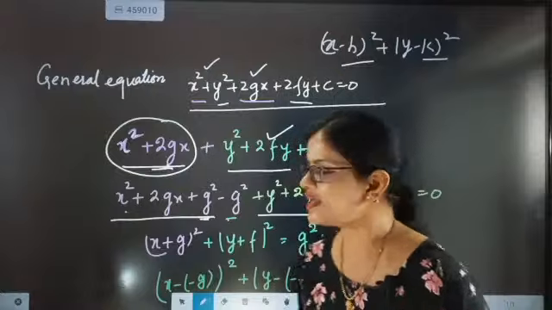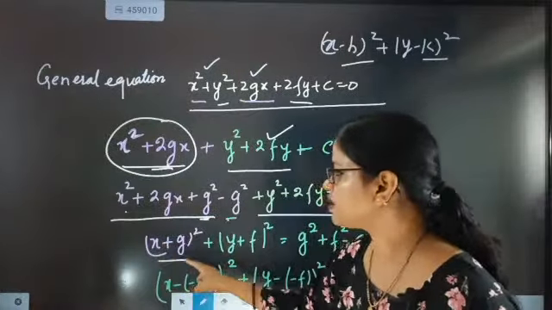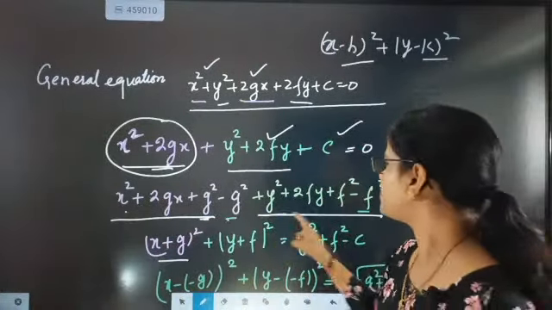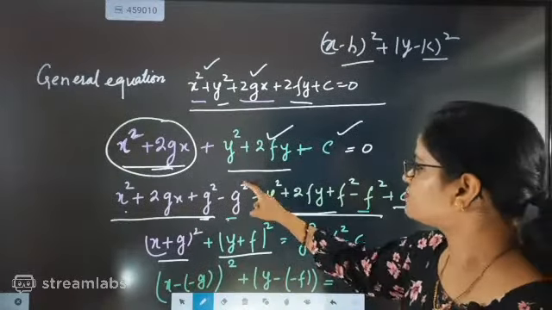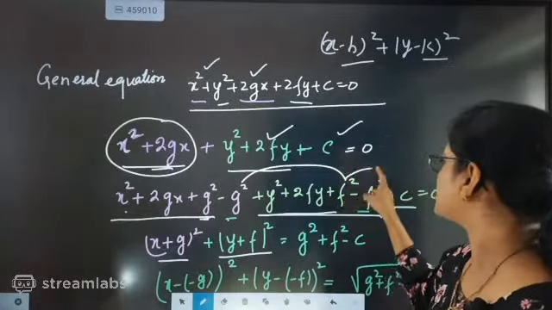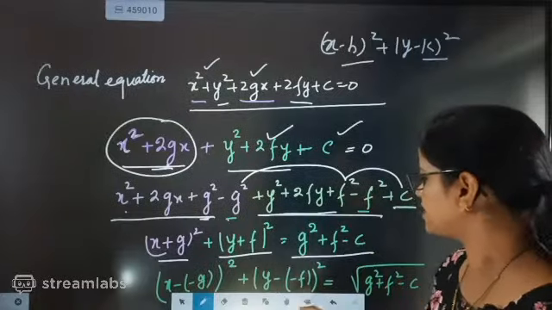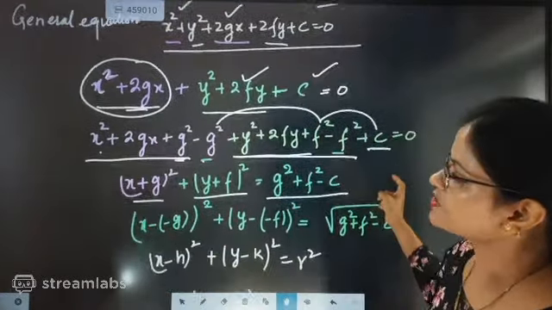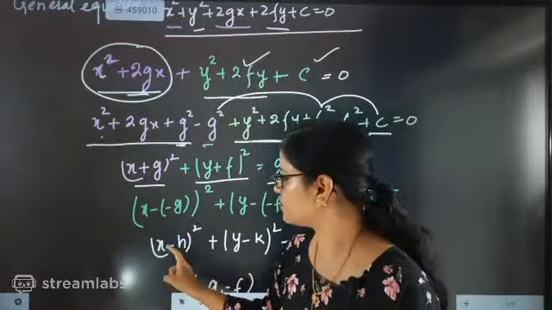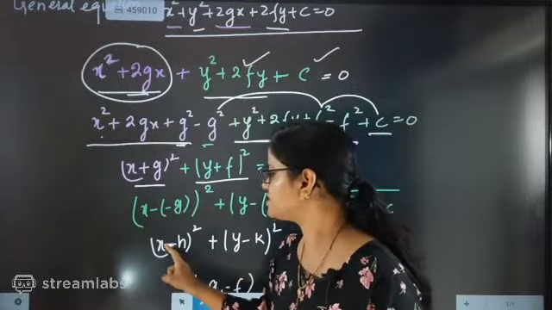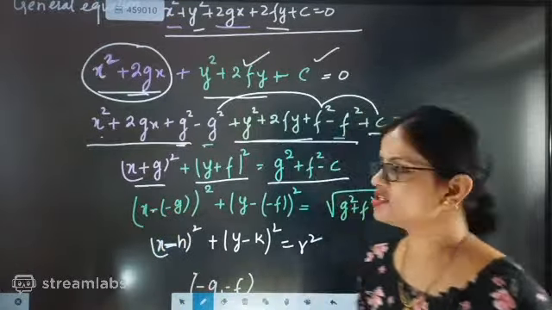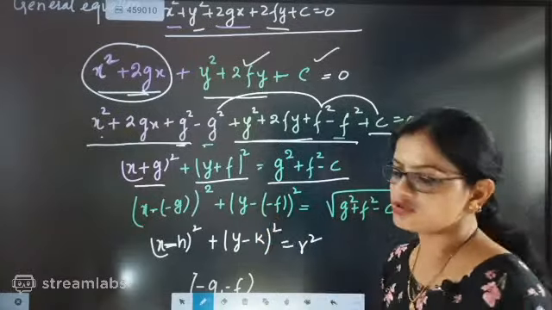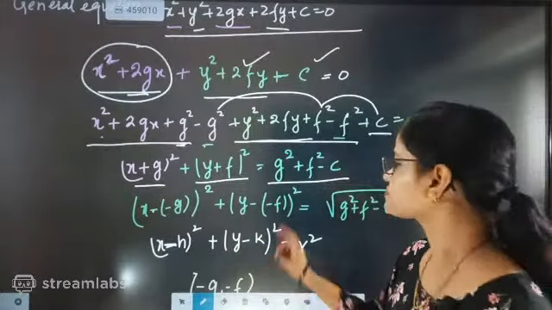Now what next have I done? This part is going to come as a plus b whole square, and the minus g square, minus f square and c, I shifted to this side. Now you know the general equation of the circle. In the center, a minus is there, so I just took minus outside. So this part is coming as minus g. Here also minus taken out, so this part is coming as minus f.